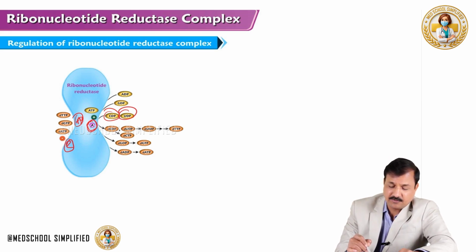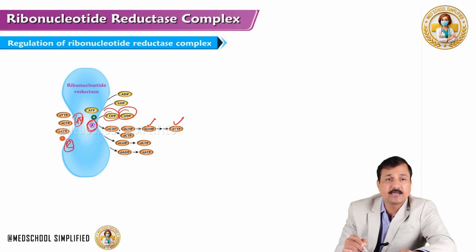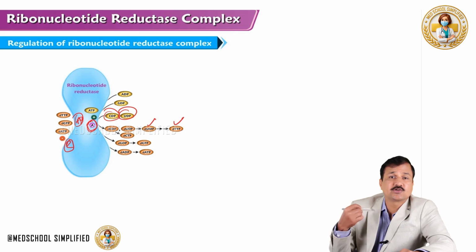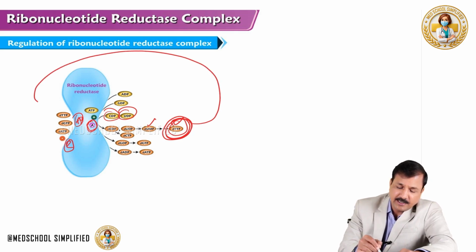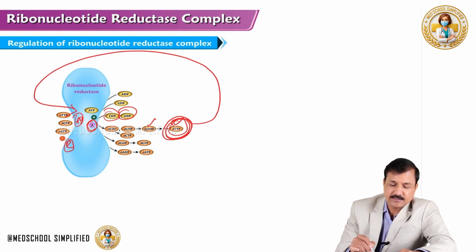So CDP is converted into dCDP, and UDP is converted into dUDP, dUDP into dUMP, and dUMP into dTMP, and that dTMP is eventually converted into dTTP, and this dTTP will go and bind to the regulatory site and replace this ATP from the regulatory site, and dTTP binds there.